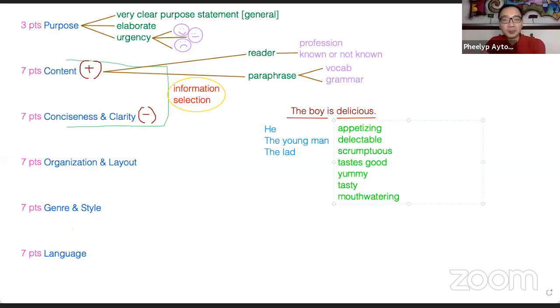For example, kapag sinabi mong mouth-watering, ano yun? Delicious or super delicious? Super delicious.